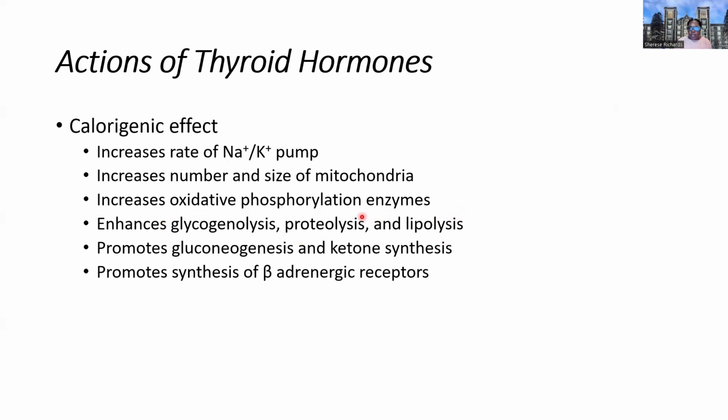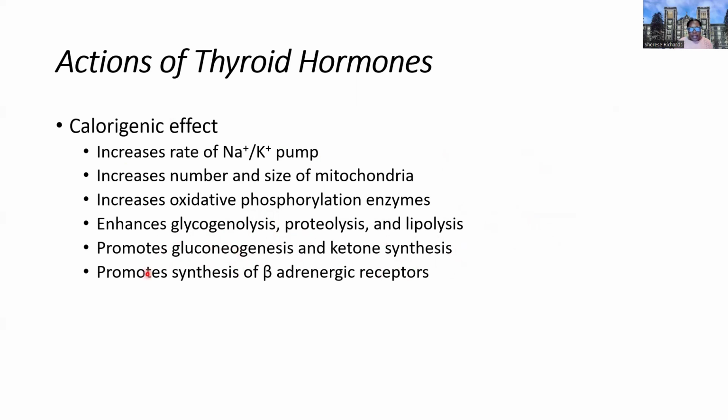Breakdown of fats, breakdown of proteins, breakdown of glycogen to make glucose. So if we enhance these catabolic functions, breaking things down, we're going to be liberating more sources of ATP to drive cellular respiration. Promotes gluconeogenesis and ketone synthesis, again, driving more energy production, more energy sources, in order to make more ATP.